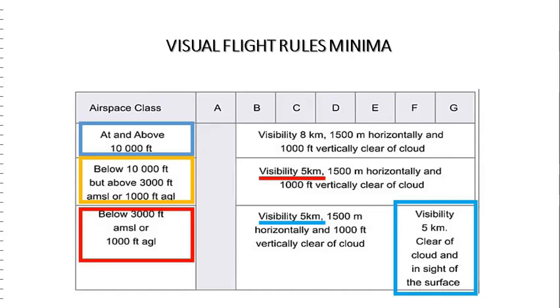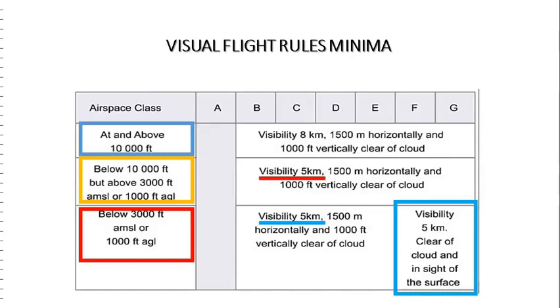Whenever you are below 3,000 feet, visibility will remain 5 kilometers. Again, 1,500 meters horizontally and 1,000 feet vertically clear of cloud for B, C, D, E. This remains the same as we learned previously.